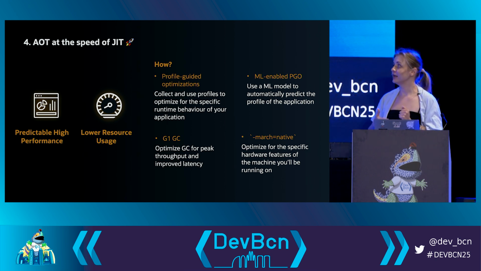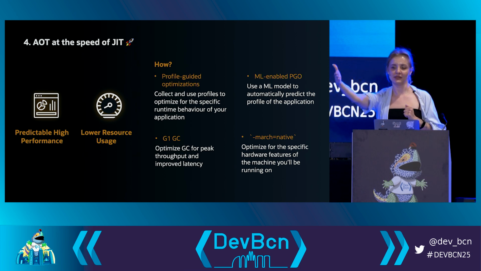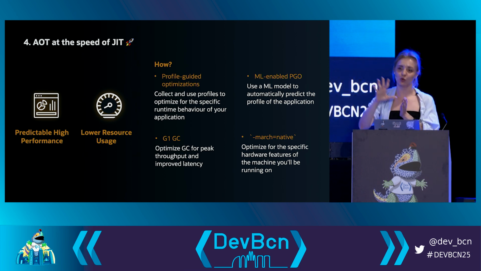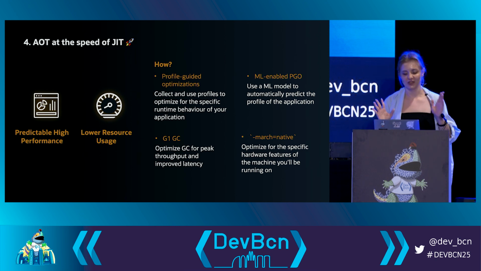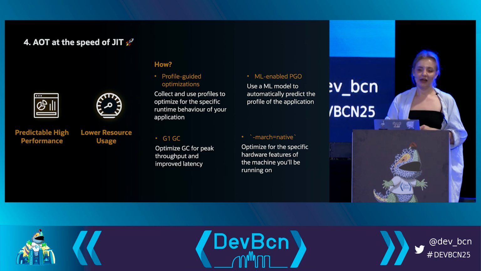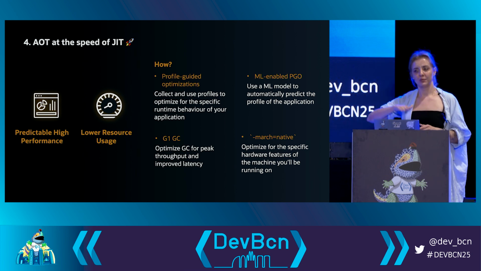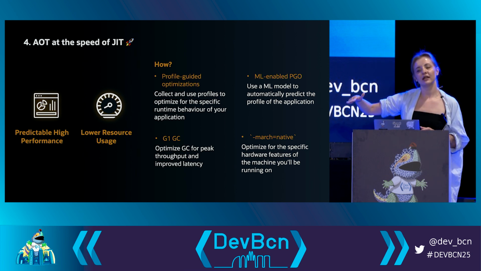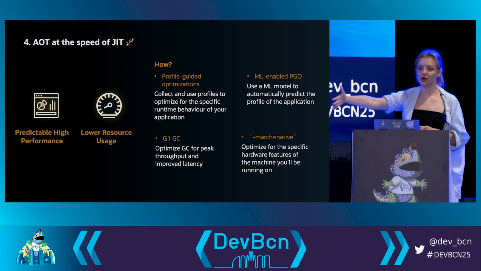So this way, we can gain sort of an insight into what happens at runtime. We can know exactly which parts of the application will be warm and where it makes sense to spend most of those compilation efforts. So you sort of give us a way to look into the future and see what we need to optimize. But this requires a two-step process where you first build an instrumented version of your application, and then you compile again with those profiles in place.